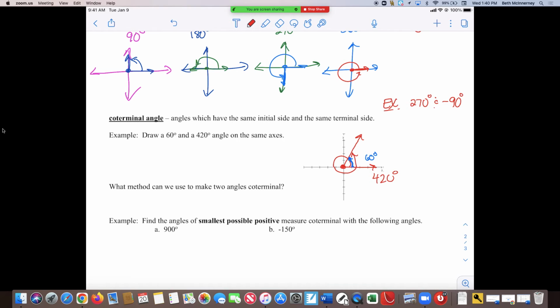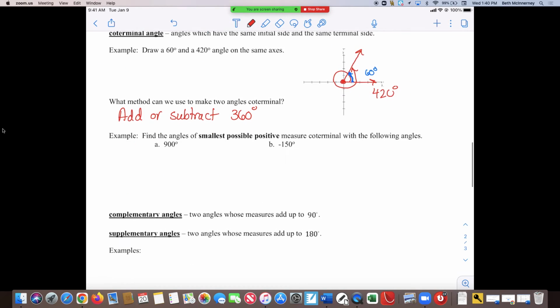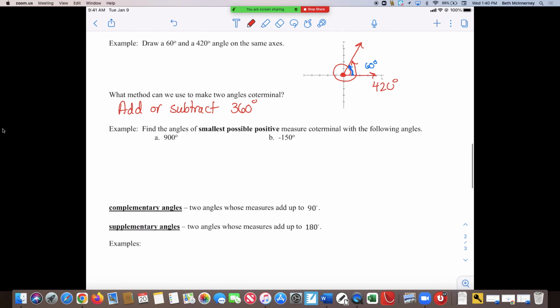How would I find the next one? What would you have to do? Yeah. Add 360 to it. So here's how you find them. You can add, and actually I could go around the negative as well. I could add or subtract 360 degrees. So coterminal angles are going to be important.